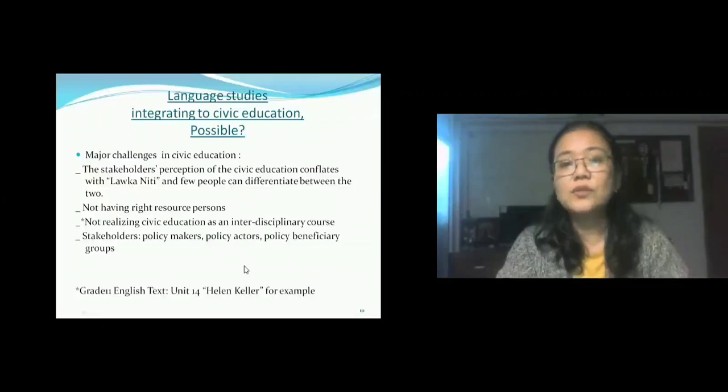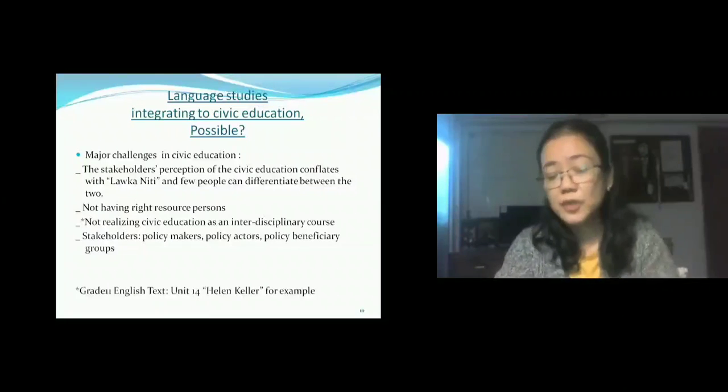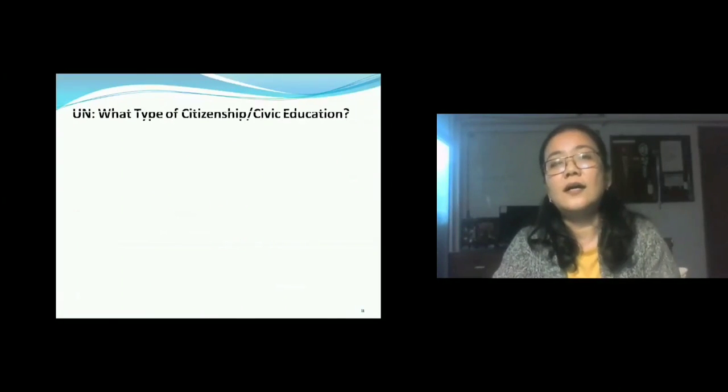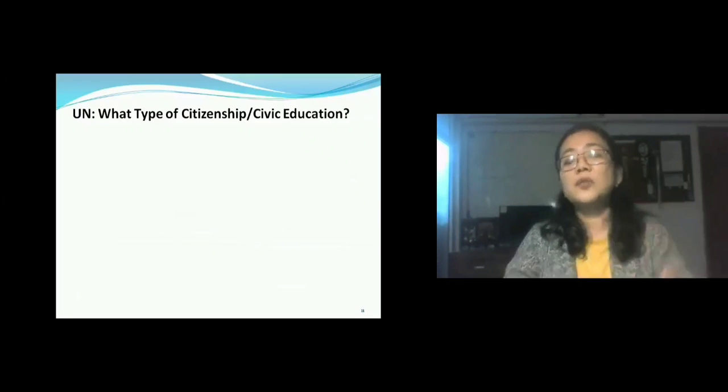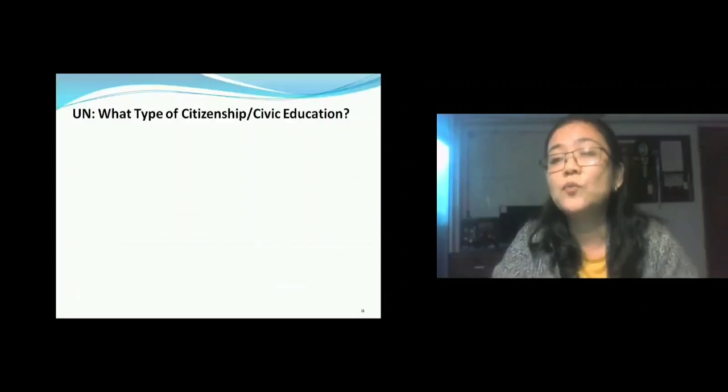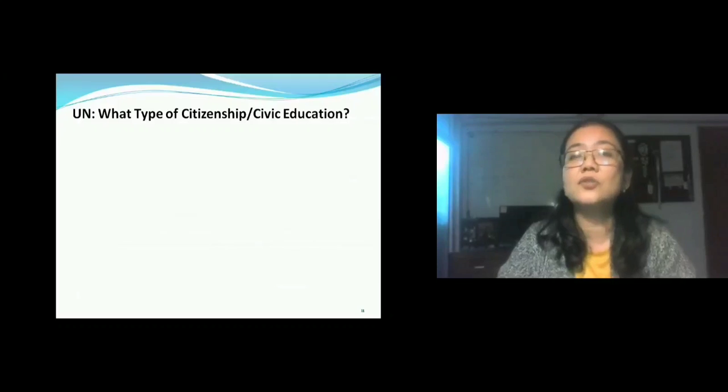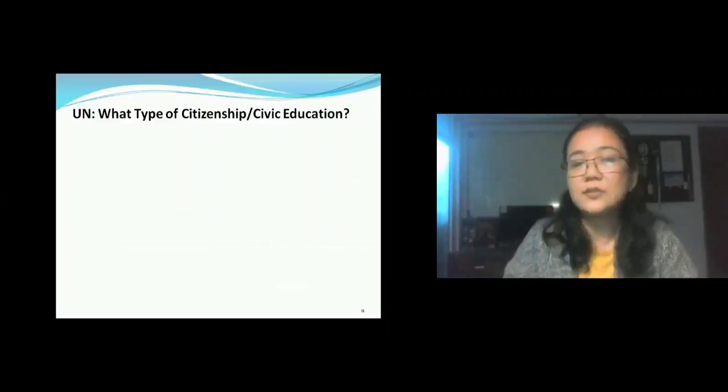This is also about teacher education and teachers knowing what civic education is. So when we are talking about the content, what to teach in civic education, you can also make a kind of study, and this is a United Nations question.